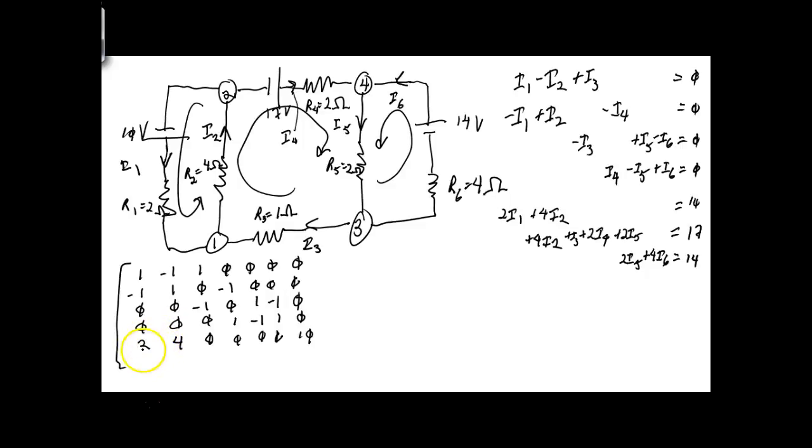Next one's going to be 0, 4, 1, 2, 2, 0, and a 17. And the last one, I1 through I4 are zeros, then you have a 2, 4, and a 14.